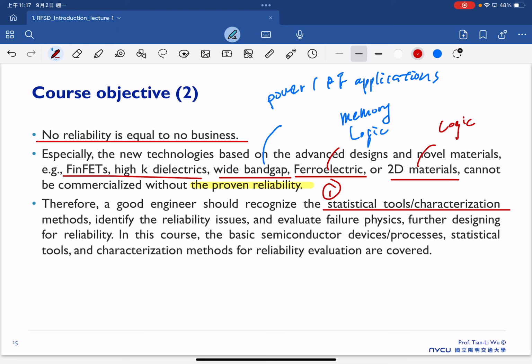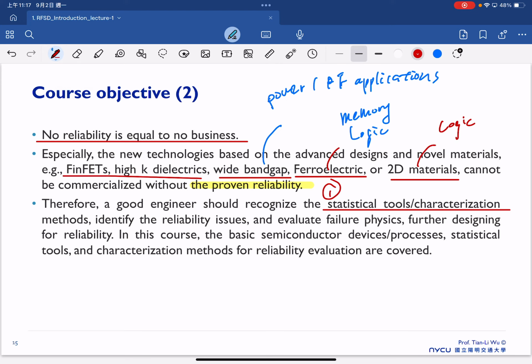On the other hand, you cannot test for 10 years. You can only test for 3,000 hours. That's already the maximum. So how do we use a small amount of data to predict the whole device behavior? That's why we need statistics.